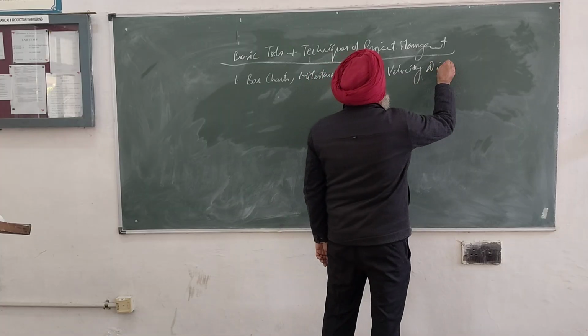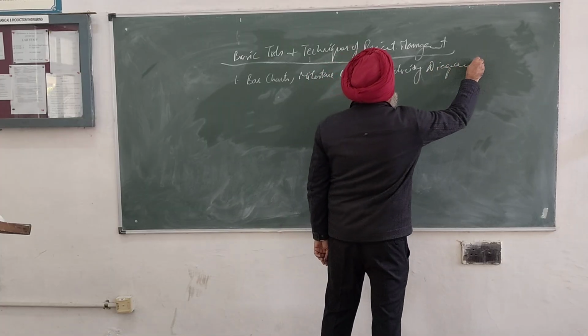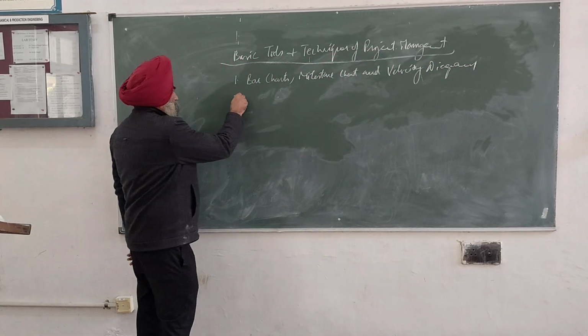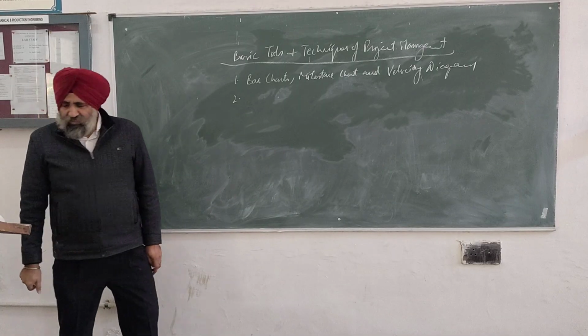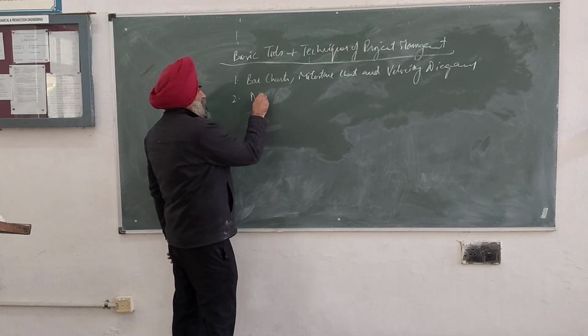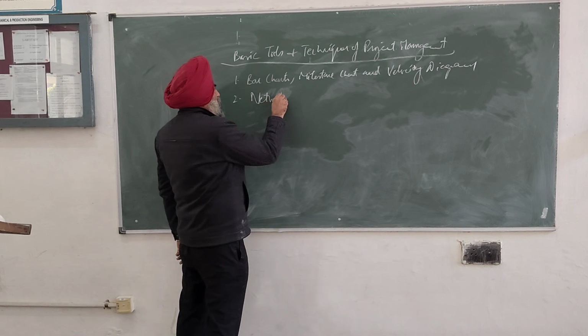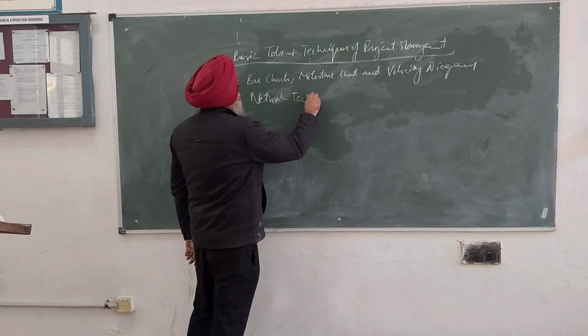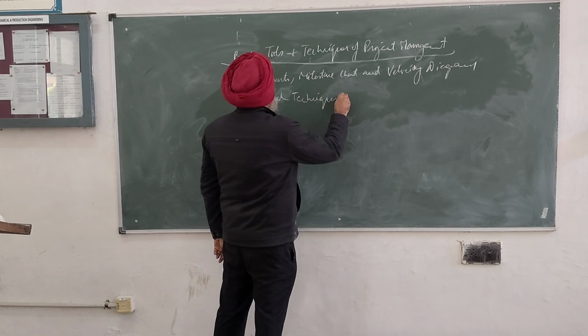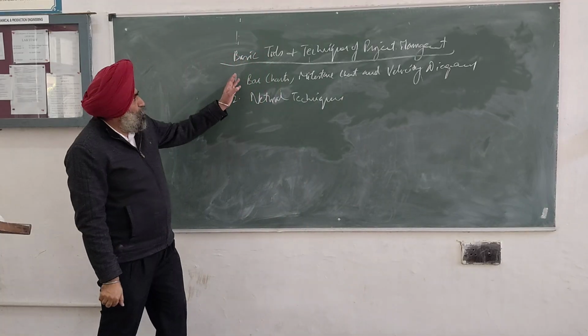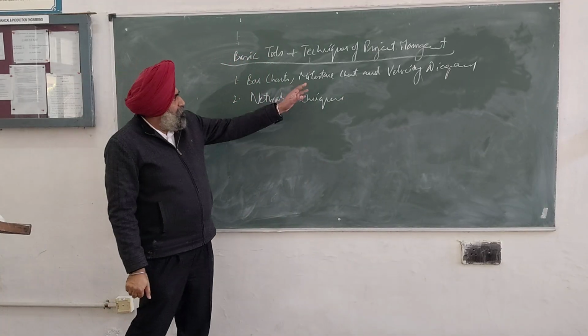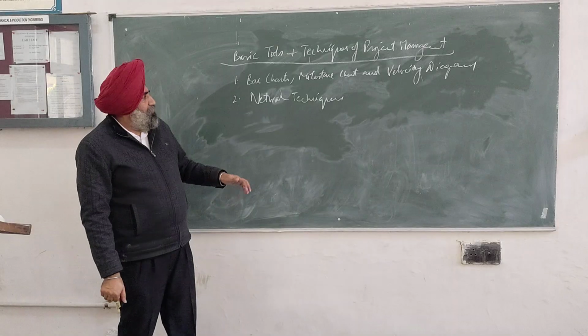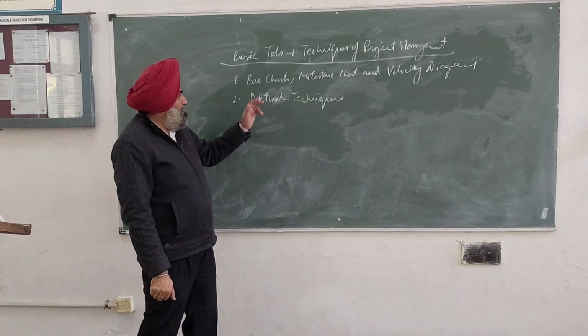So these are the charts. And the second category, which is an important one, is called the network technique. These are the basic tools and techniques in the implementation of projects, or project management. What is the bar chart?